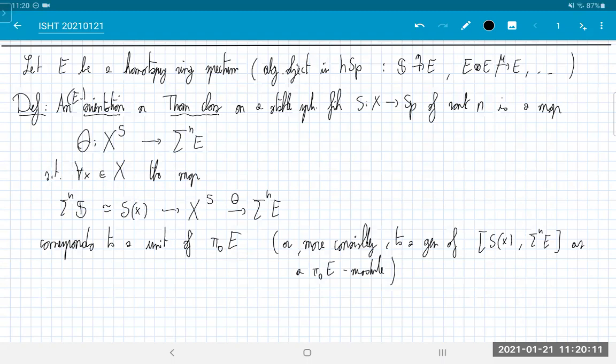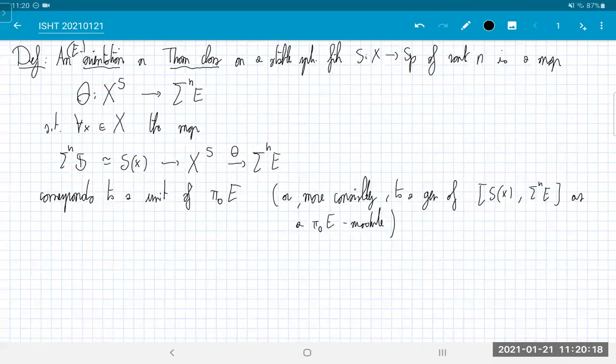Okay. In particular, the map E tensor S_x to sigma^n E, which is obtained by multiplication.